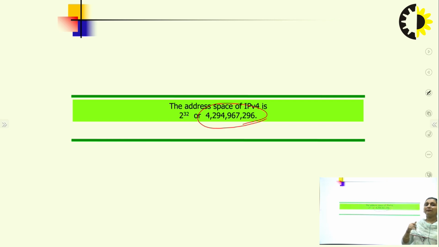If this limit is exceeded, we will go for version 6. That is a theoretical concept, but it is made practical by converting version 4 to version 6. So this much is the limit of using version 4.